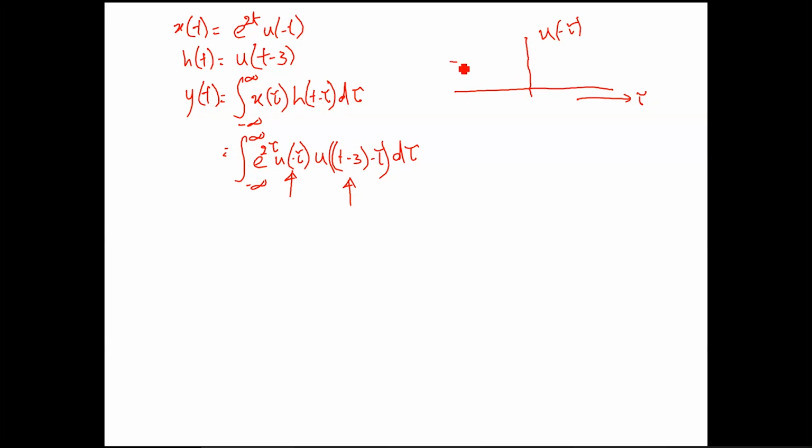This will be just this signal right here. The value will be 1 starting from minus infinity all the way to 0, and from 0 onwards it will be 0. So it will be from minus infinity to 0 e raised to the power of 2 tau into 1 into the second signal, which is t minus 3 minus tau d tau.